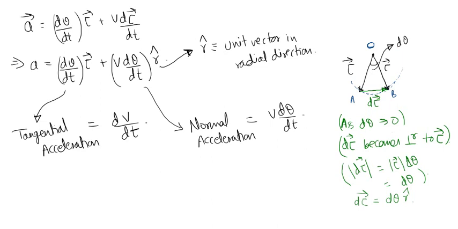So as d theta tends towards 0, the magnitude of d tau will be equal to the length of this arc AB, which is nothing but radius times d theta. The length of arc AB is L, and L is equal to r theta. So the d tau length will be equal to tau into d theta, which is also equal to d theta.